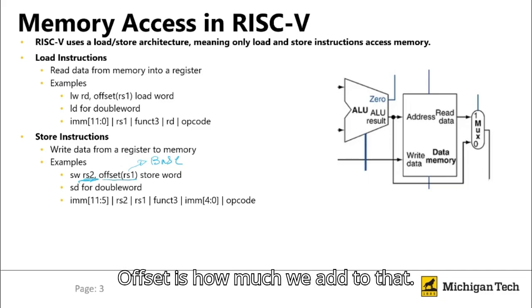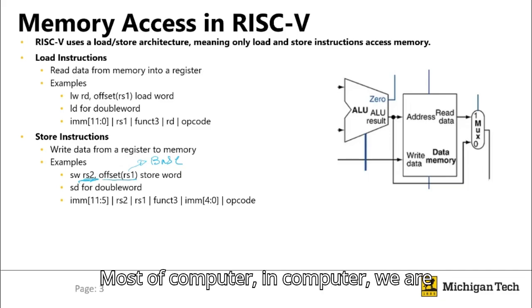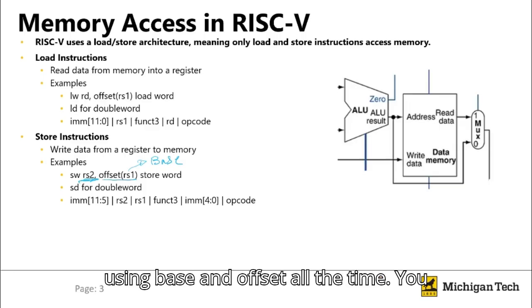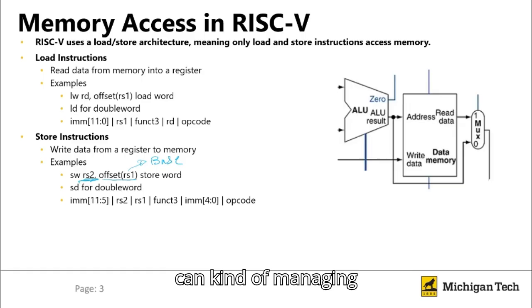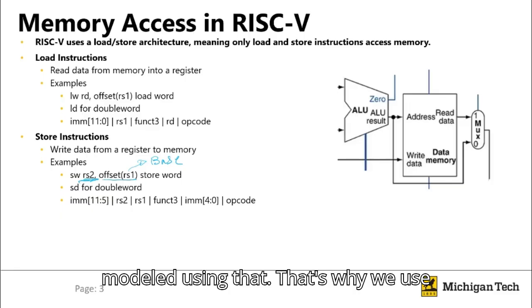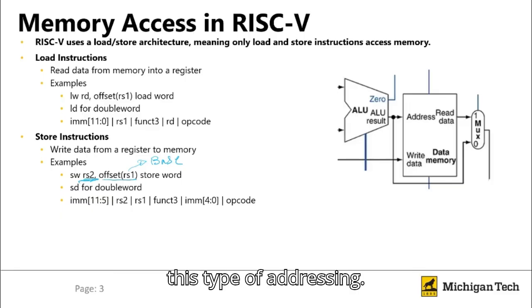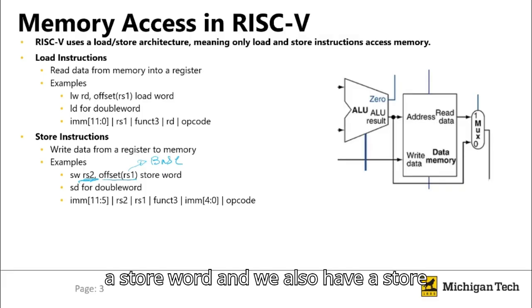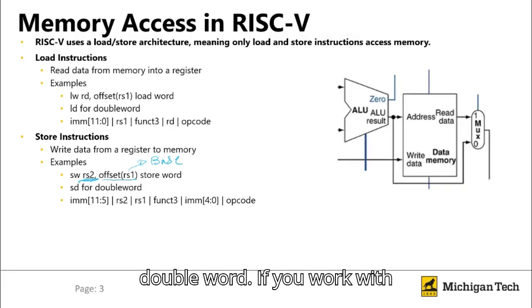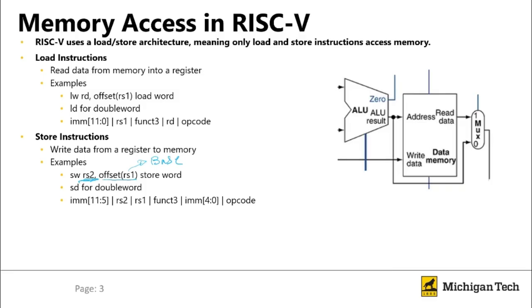Offset is how much we add to that. In computers, we use base and offset all the time to manage arrays, so the array can be modeled using that. That's why we use this type of addressing. A store word, and we also have a store double word if you work with 64-bit instead of 32-bit.